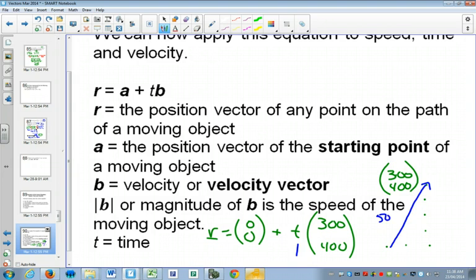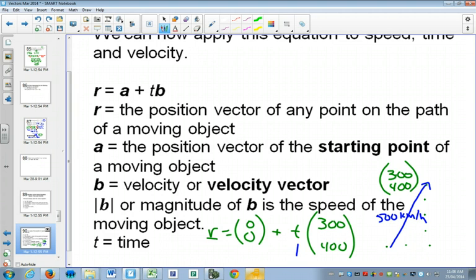It's going to be traveling at 500 kilometers per hour. Because it goes 300 to the right and 400 up, it's actually traveled 500 kilometers. And because we did that for t equals 1 hour, it's telling us our speed.